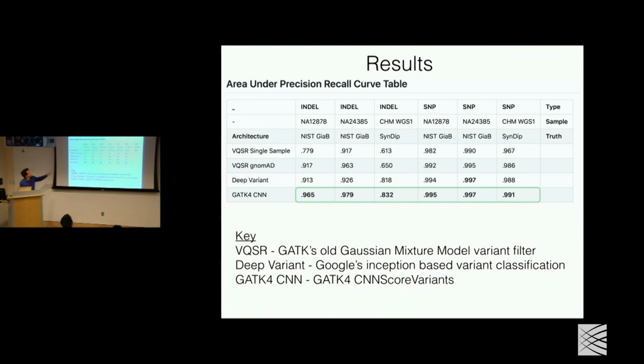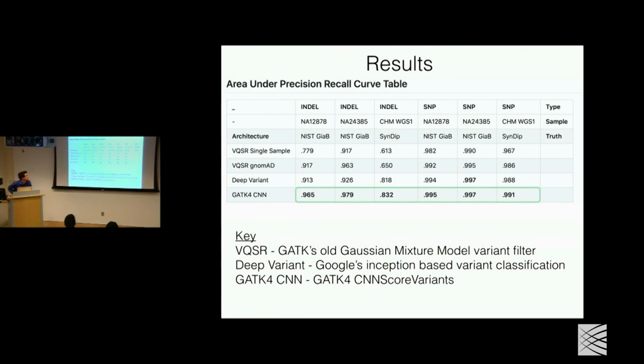Yeah, so in particular here, we just trained on NA12878. And this model was trained on NA24385, the Ashkenazi child, and this was the CHM, the SynDip. And so these are three different true sets. So you're telling me DeepVariant and the GATK4 CNN were trained on the same data?